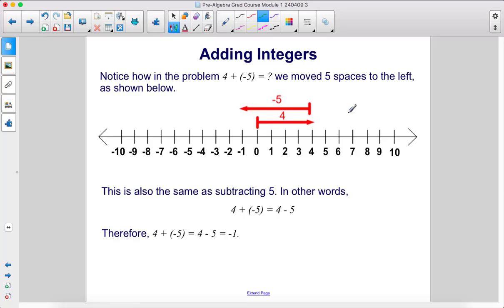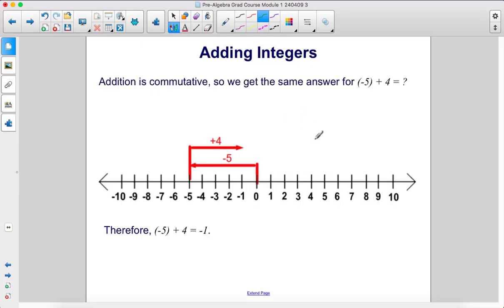Notice how in the problem 4 plus negative 5, we moved 5 spaces to the left, as shown below. This is also the same as subtracting 5. In other words, 4 plus negative 5 equals 4 minus 5. They're the same thing. Therefore, 4 plus negative 5 equals 4 minus 5, which equals negative 1.